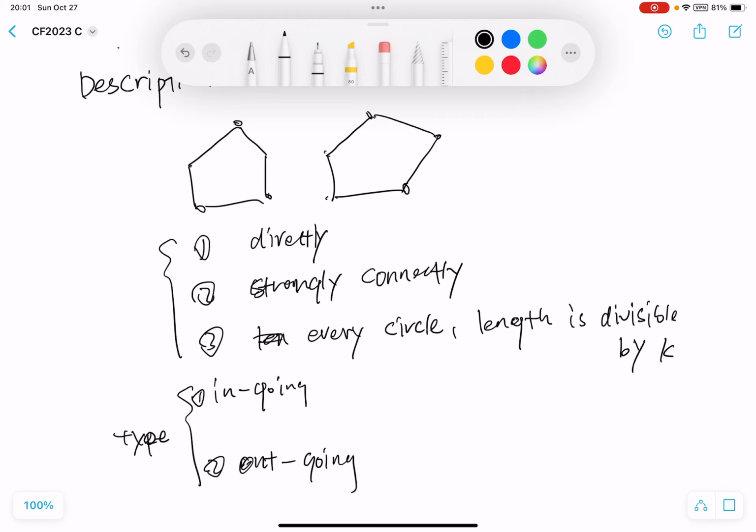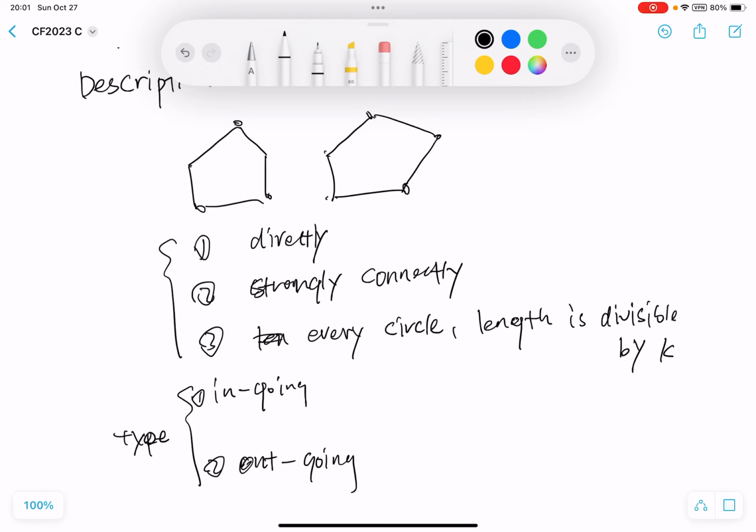The problem is that we need to add n edges between the two graphs. After that, we will get a whole large graph, and we need to guarantee the length of every cycle in the big graph is divisible by k. This is what we need.